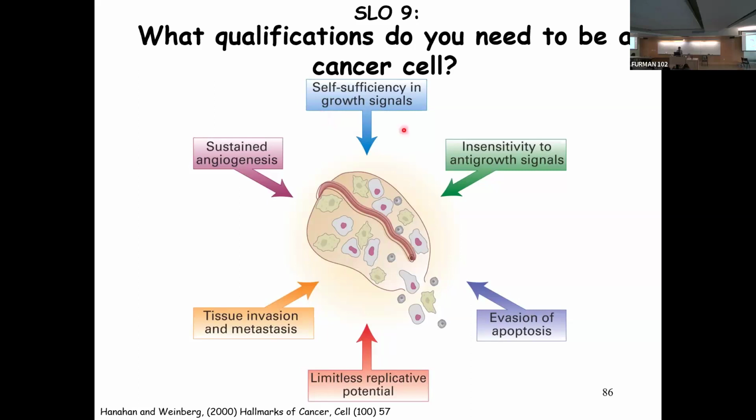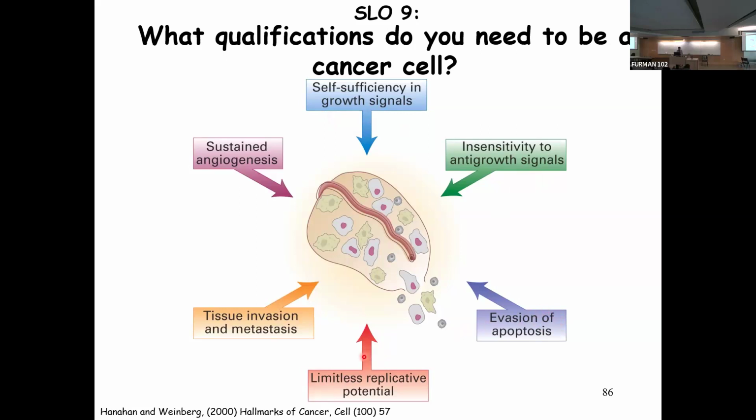Self-sufficiency in growth signals, insensitivity to anti-growth signals, that means how I can escape the growth preventive signals, evasion of apoptosis, that means how can I escape cell death. The people who are developing drugs will always try to induce cancer cell death, okay? How can I, as a cancer cell, evade apoptosis.